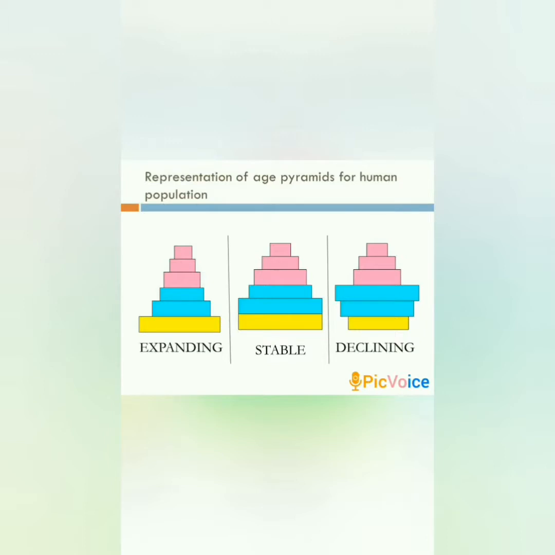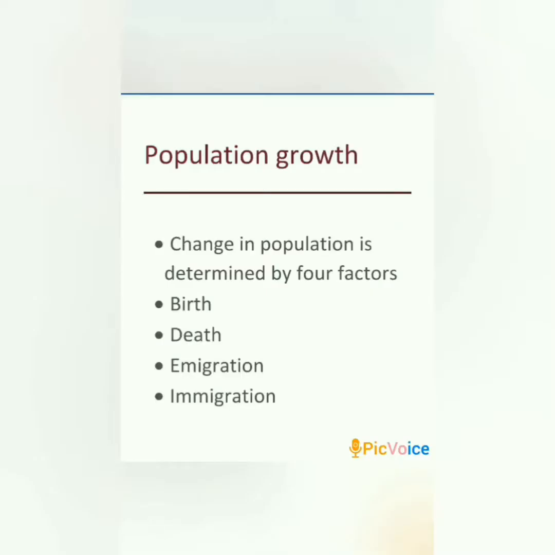This population is characterized by a low proportion of pre-reproductive age class individuals due to a reduced birth rate. The pre-reproductive class diminishes gradually in size compared to the reproductive and post-reproductive age classes, resulting in an urn-shaped structure.